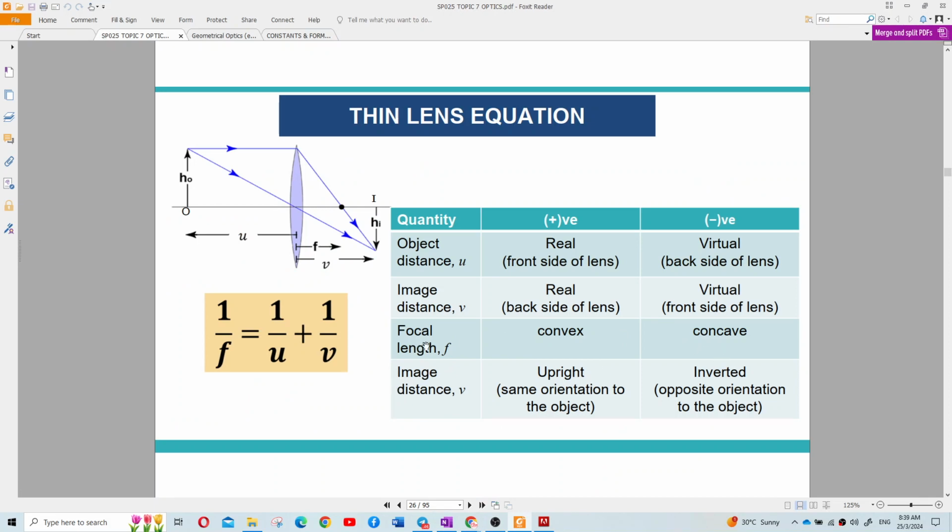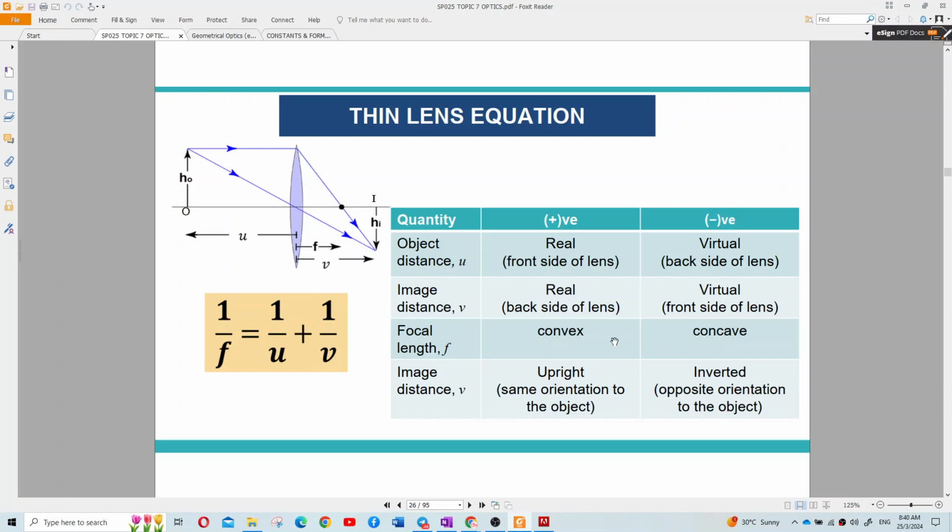Sorry, this one is wrong, it should be magnification. Magnification, if it is positive, is upright.